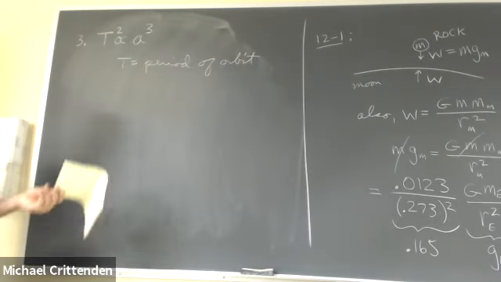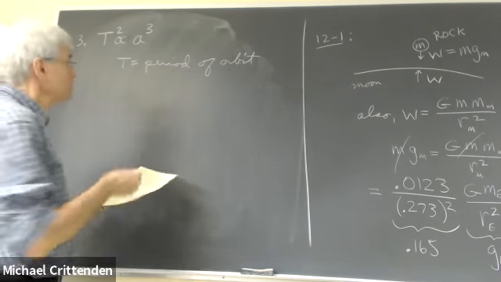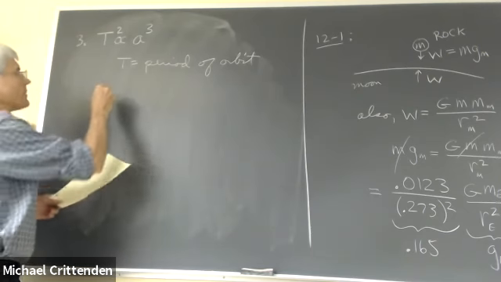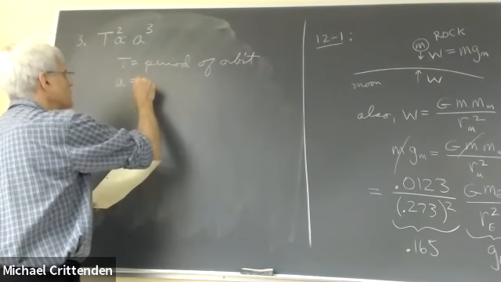T, capital T, is the same thing as when I was talking about vibration. It's the period, and in this case, the orbital period. And A is the semi-major axis of the orbit.